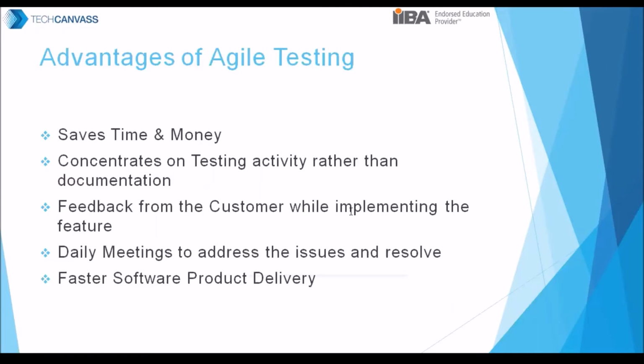So the question is, how do we save money while following agile methodology compared with other methodologies? So what happens here, since we have got the changes initially, if there are any changes, we are making the changes initially itself, not at the end.